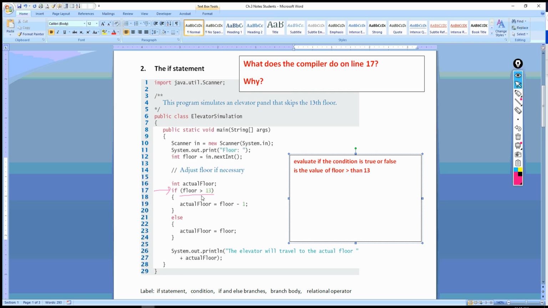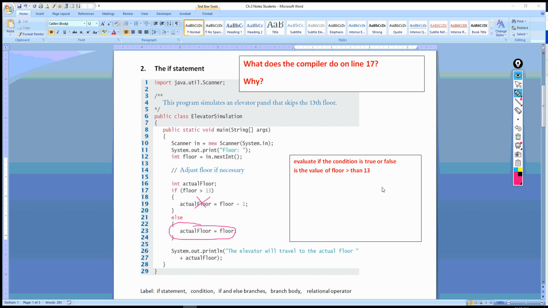If it's true, then the compiler is going to execute the if branch, and then it's going to skip the else branch. But now if it's false, then it's going to skip the if branch and execute the else branch.